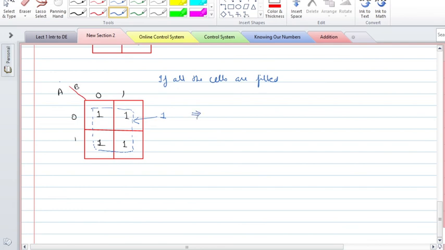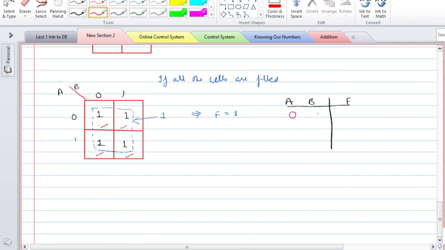This implies that the function F will be 1. You can also understand this concept as follows: for both variables A B, the function will always have an output 1 for all the possible combinations, that is for 0 0, for 0 1, for 1 0, and for 1 1.